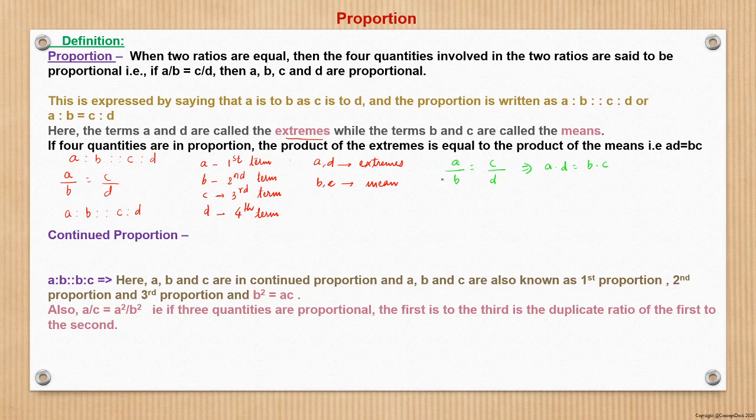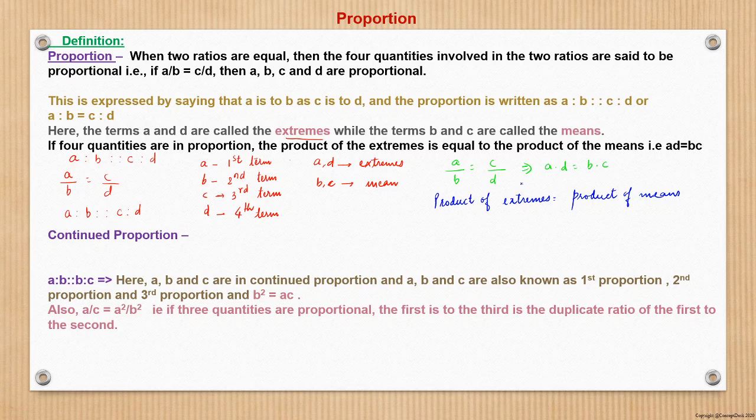So what does this mean? That the product of extremes is equal to the product of means for a set of numbers A, B, C, D where A, B, C, D are proportional.